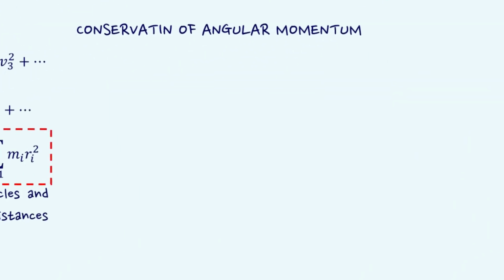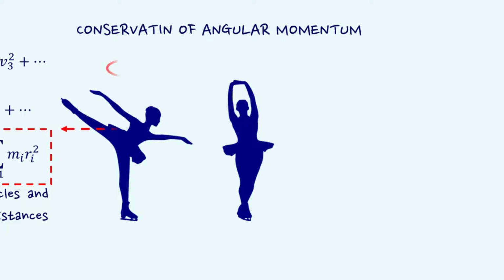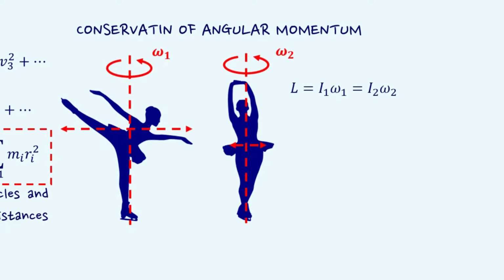Using this principle, we can explain why, when a freely rotating object pulls mass closer to the axis of rotation, its angular velocity increases. As an example, let us consider the case of an ice skater. When she stretches her body, she increases the moment of inertia around the axis of rotation.